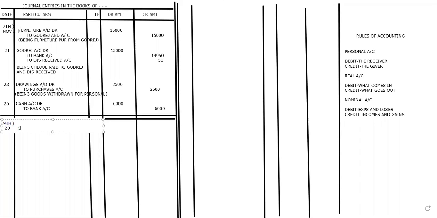So that's why I'm going to write cash account debit. How much? 2,000, to Narahari.